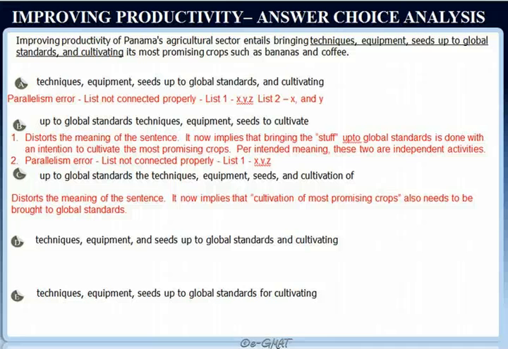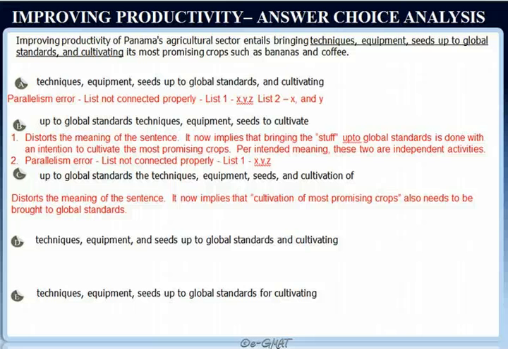Grammatically this sentence is correct, but it does not communicate the original meaning that there are two things that need to be done to improve the productivity. Instead, it says that you also have to bring cultivation of its most promising crops up to the global standards.